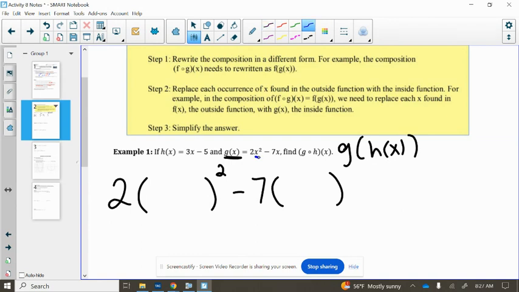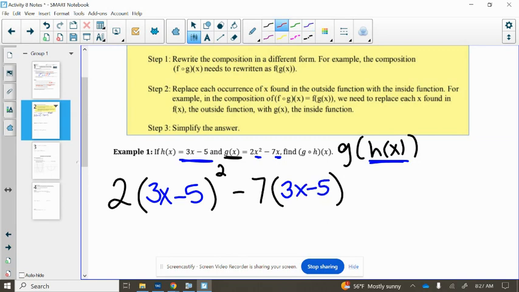So anywhere we see the x in this original, we are now going to plug in h of x. So where we have 2x squared, it's now going to be (3x minus 5) squared, and then we had negative 7 times x, and again, x is this piece here.